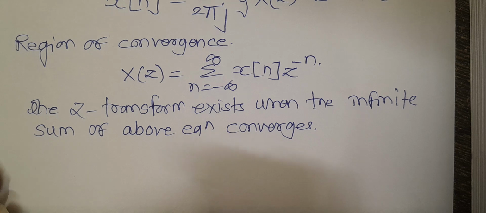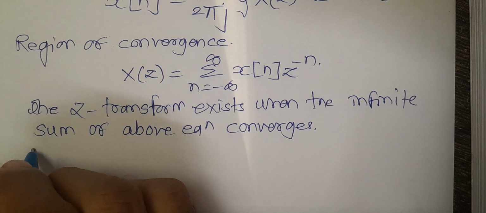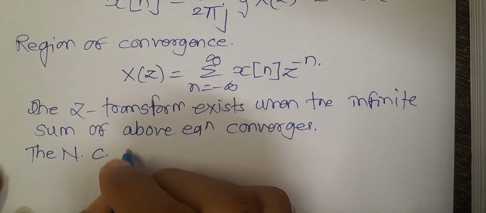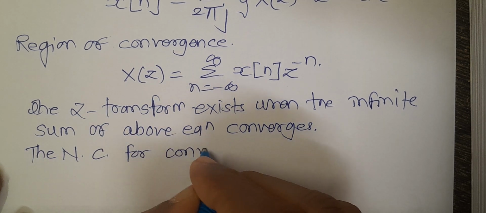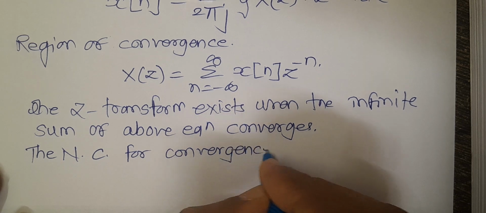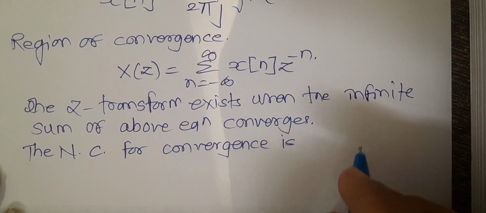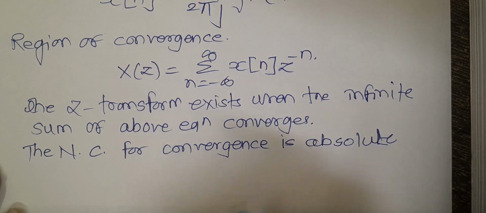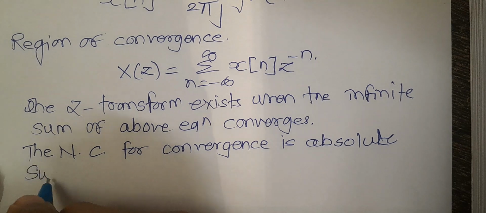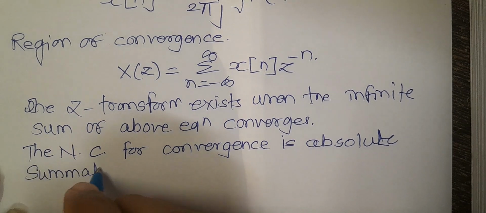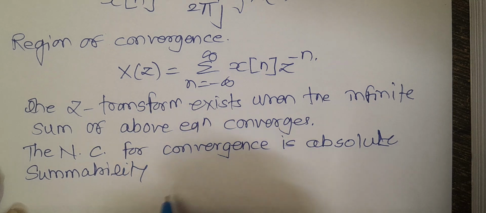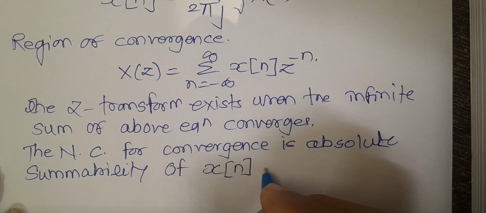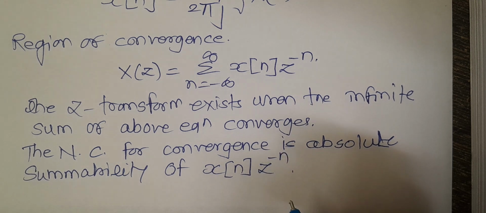So the necessary condition for convergence is absolute summability of x of n into z raised to power minus n.